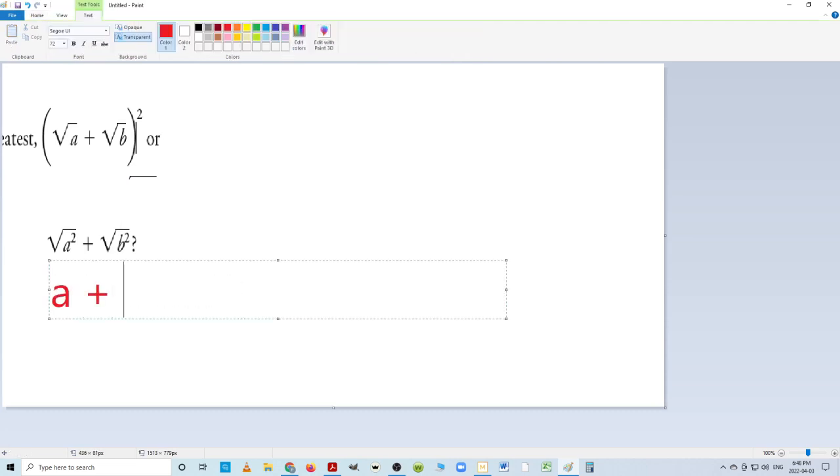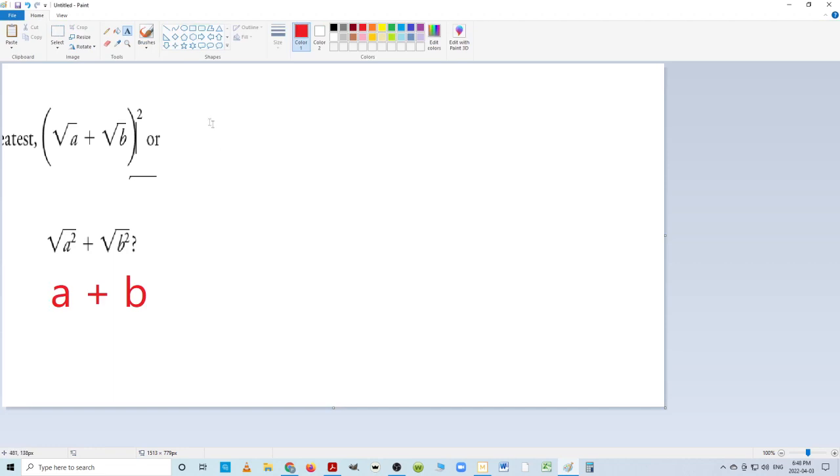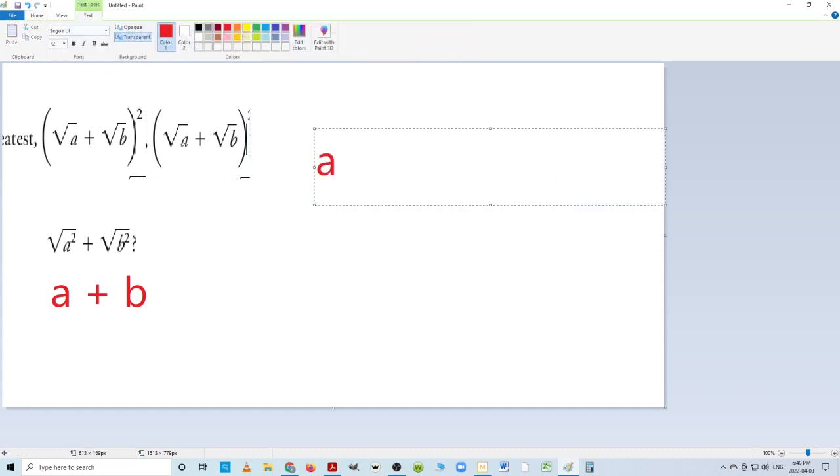So really it's a plus b. And notice that this one is simply itself times itself. And I can just use my binomial theory. And it's clear that the first one is going to become a, and the last one's going to become b, and then I get plus 2 times square root of ab, like this.